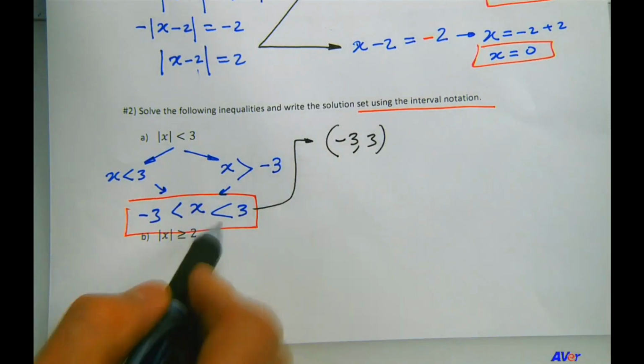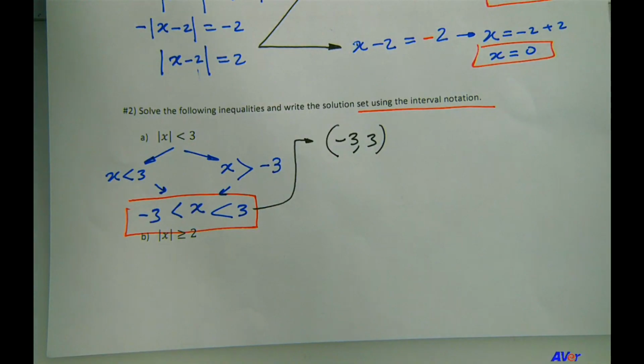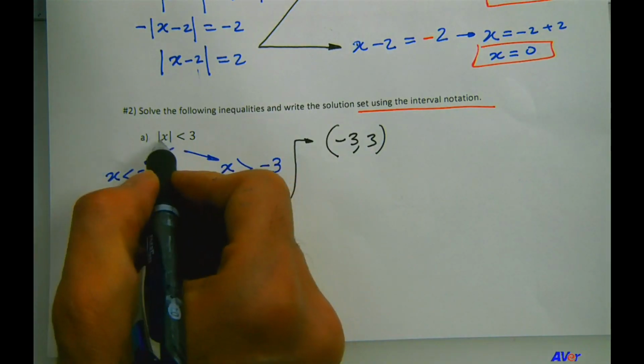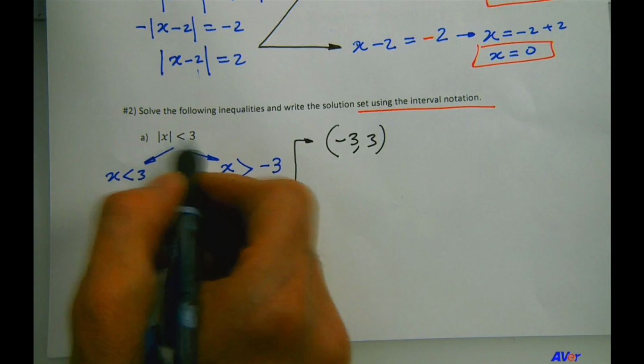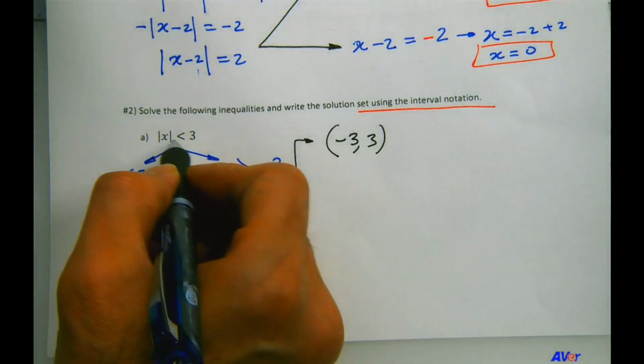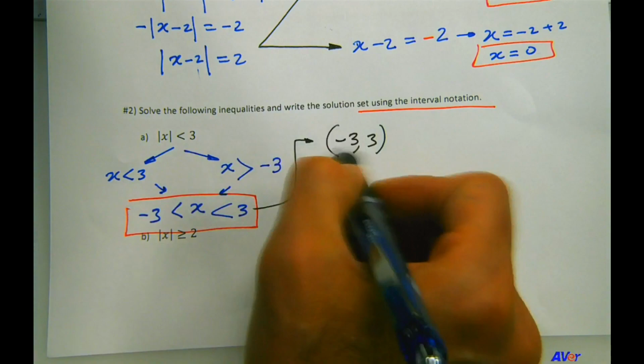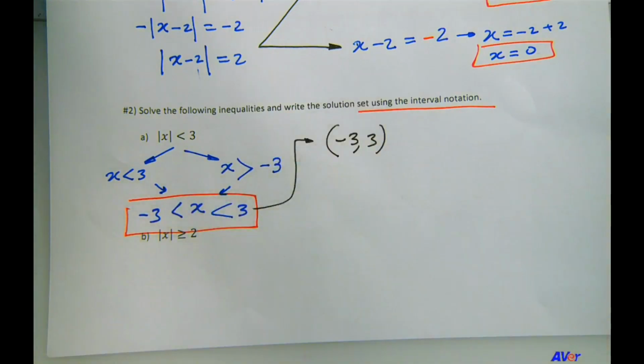Parenthesis means that 3 and -3 are not included as part of the solution. Why are they not included? Well, because here, the left side cannot be equal to 3. The absolute value of it can be only less than 3. Okay, and that can happen if x is within this interval. So this is the interval notation.